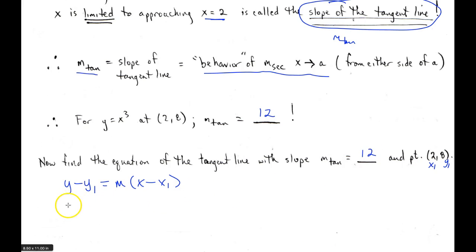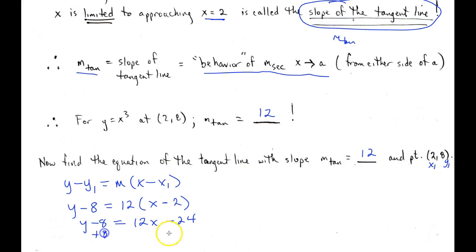So if we did that and just substituted everything in, we would see that y minus 8 will be 12x minus 24. We add 8 to both sides, and we see that our result here is y is equal to 12x minus 16. And that is what the equation of the tangent line would be there.